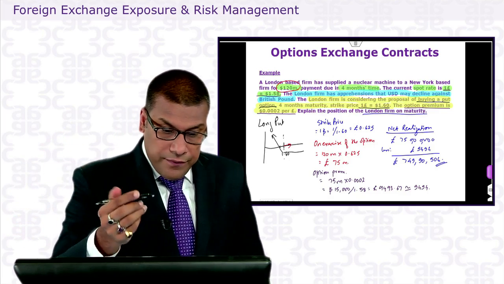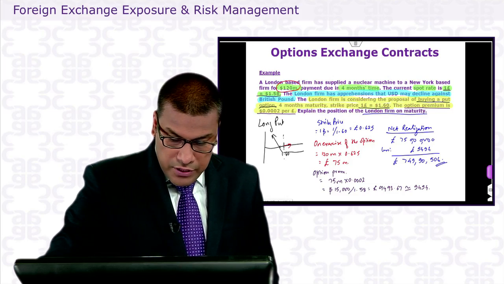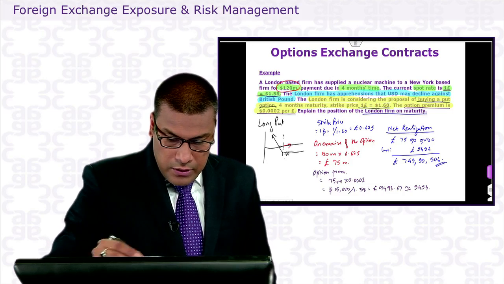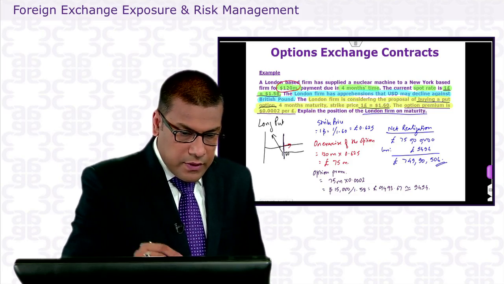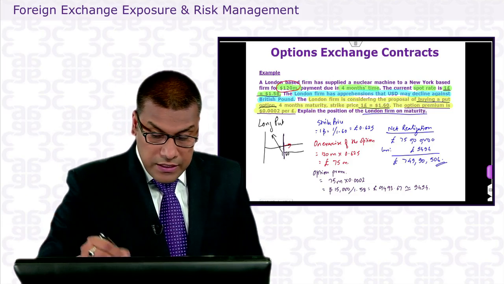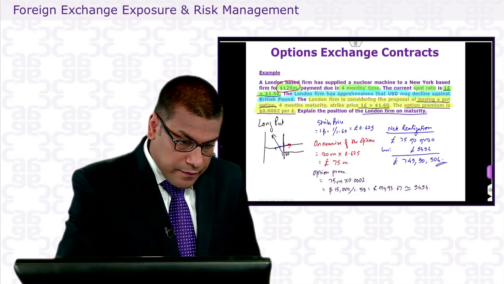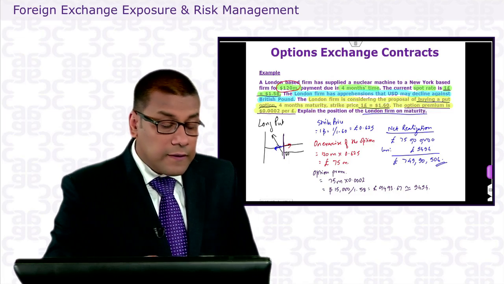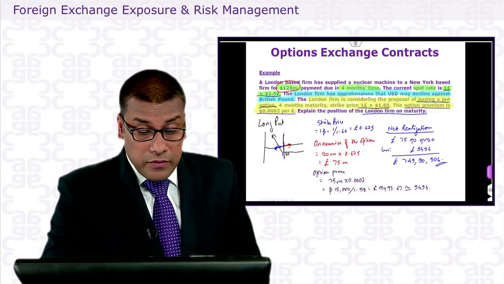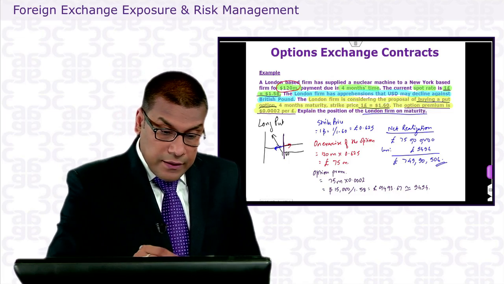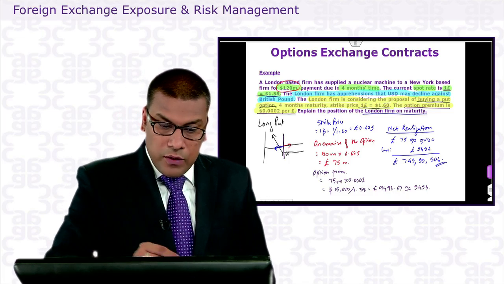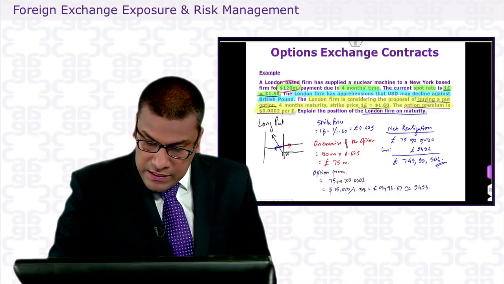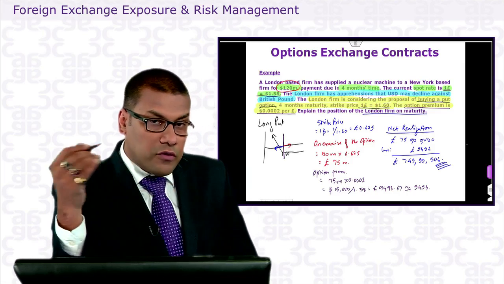But if it's the same, let me just put it in a separate color. So if it is the same, then again there is no change. But then if it falls down, which is what he is apprehending, then he would be exercising at 1.60 only. He will be realizing the same amount, which otherwise in the market he could have got more.